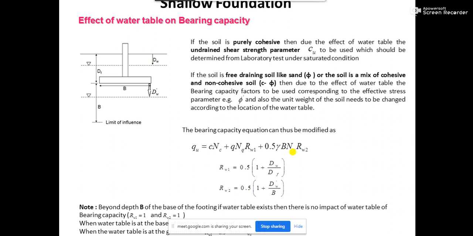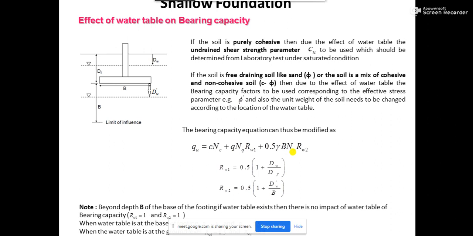There is a triangular zone, and then zone 1, zone 2, and zone 3. The zone we were calling the zone of elastic equilibrium, in that zone the height of the triangle from the base of the footing is nothing but B. So that is actually Terzaghi's formulation.